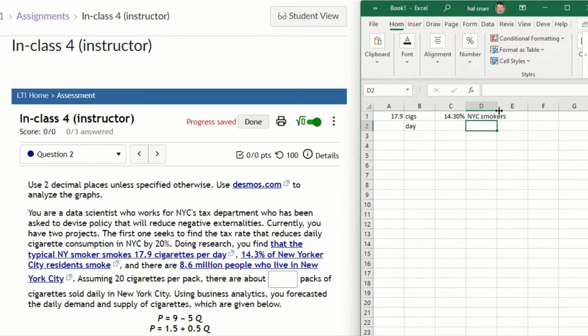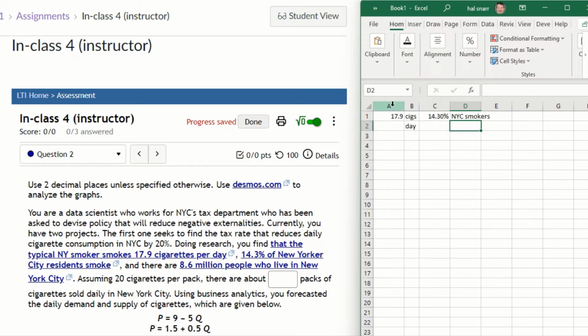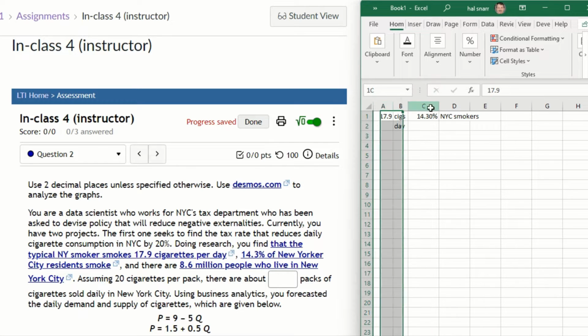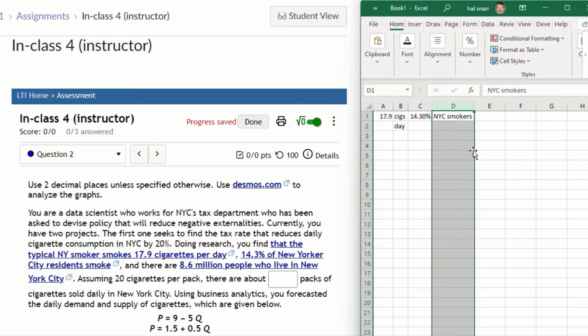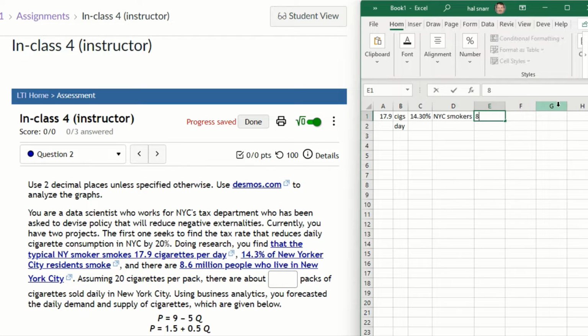All right, and there are 8.6 million people in New York. We'll call it New York Cityers, right? And we're going to do 20 cigs per pack.